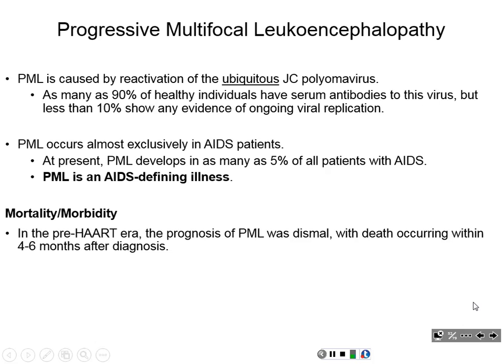We're talking months to years from the time of initial infection, most of us were infected with this as a toddler, to the time that it presents with symptoms, usually in adults with AIDS. In the pre-HAART era, this almost always meant death in 4 to 6 months, but now we have HAART treatment for patients with AIDS.